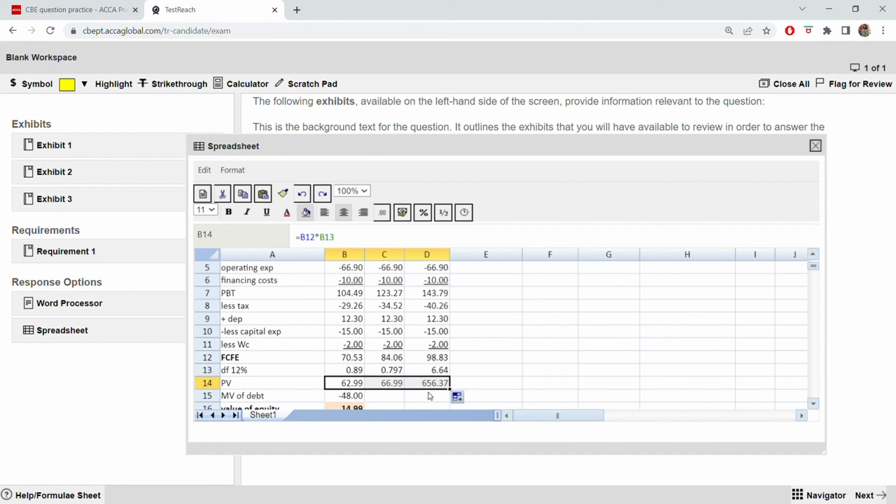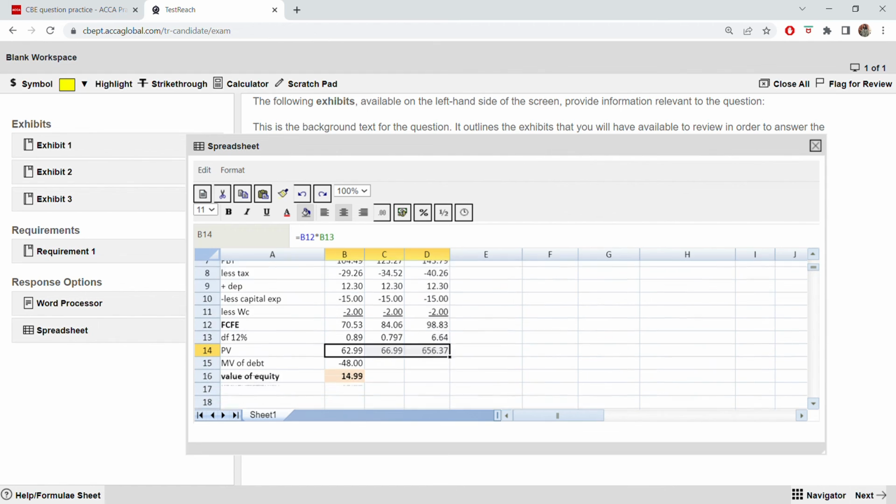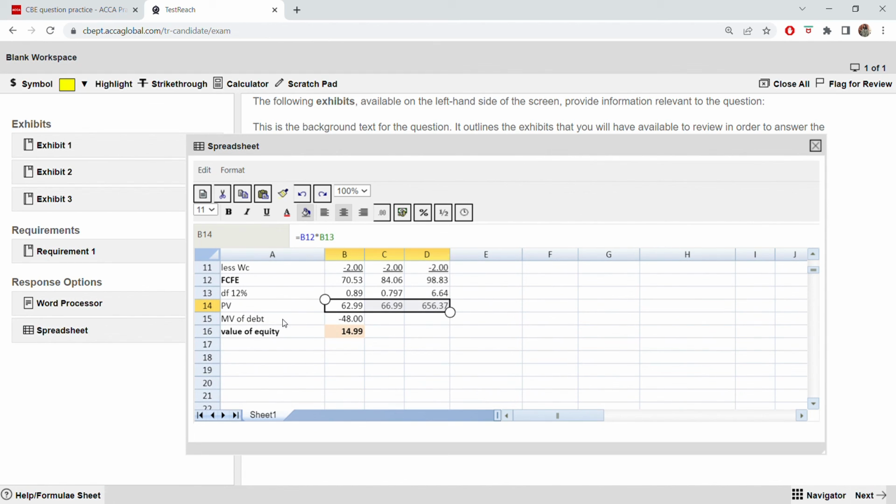Okay, then you have to find the net present value or the total present value of all, which will be just the sum of all the 3 present values.